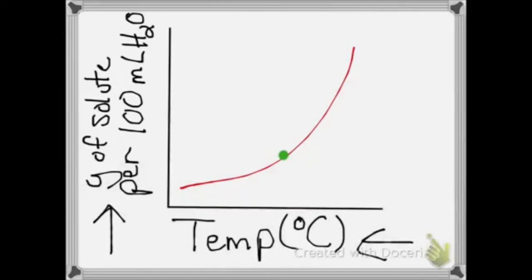So think about when you're sweetening your tea. If you're adding sugar to your tea, can you just keep adding packets of sugar? Eventually, you keep stirring and stirring and stirring, and it all starts to sink to the bottom. It doesn't dissolve anymore. That is a saturated solution. It's got as much solute as it can hold, and anything else just settles to the bottom.